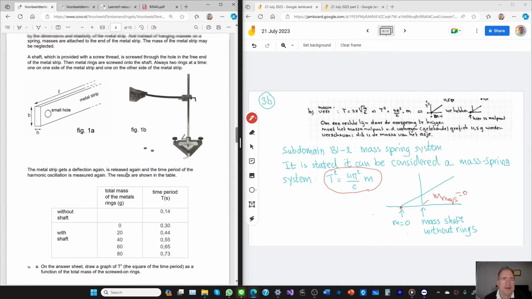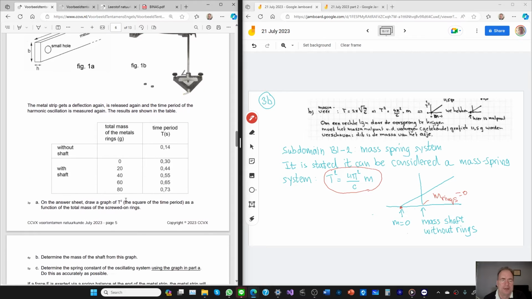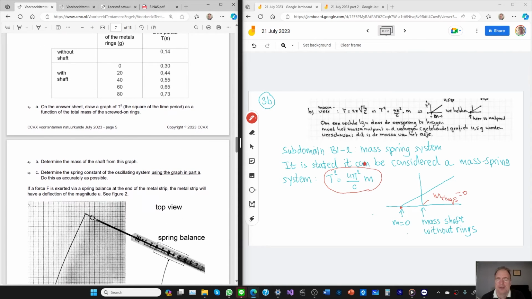And the shaft is the thing that these rings screw onto. So it means that this distance here is actually the mass of the shaft.